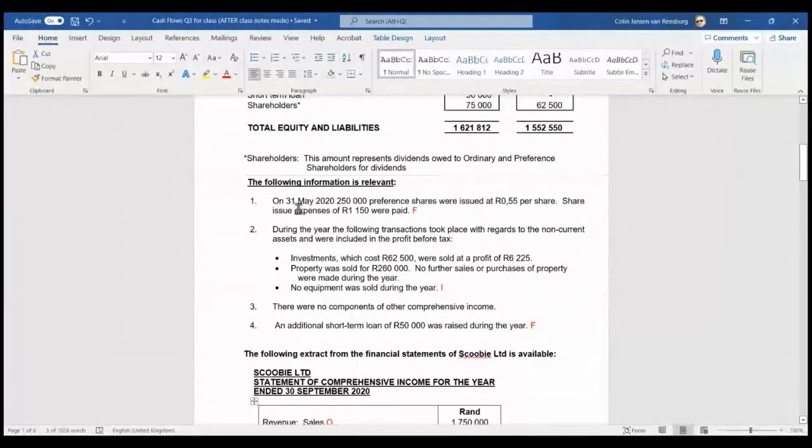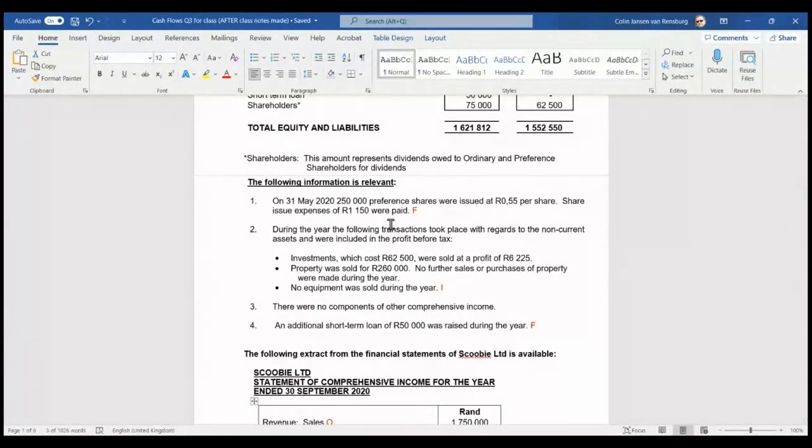Right, so we see here on the 31st of May, that whole sentence has to do with financing activities. But as we can see there, the only expense that is included there is again the share issue expenses, and in accordance with IAS 32, that should not be written off as an expense. It should be used to reduce the capital amount.